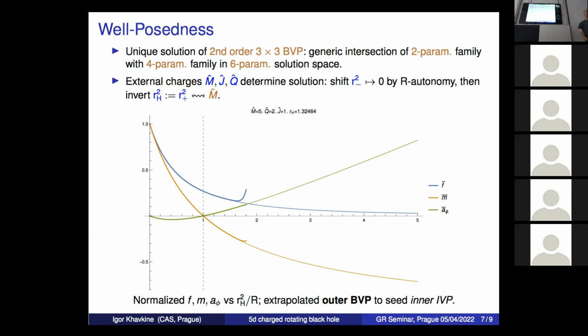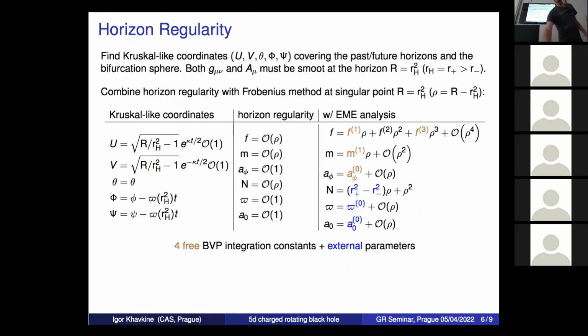The inner horizon doesn't exist at all. But I don't see how it could. So at the inner horizon, you can basically do an analysis that looks like this. And I imagine maybe you have a similar structure for the unfixed parameters in the expansion.